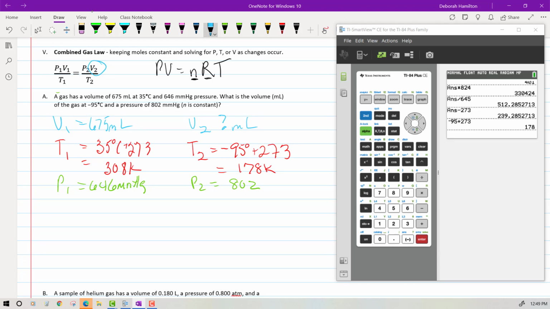So we want to get T2 on the left-hand side, and that goes up to the numerator position, and the P2 will come down to the denominator position. So rewriting the formula, T2 will be over T1, P1 will be over P2, and V1. All right, we're solving for that second volume.